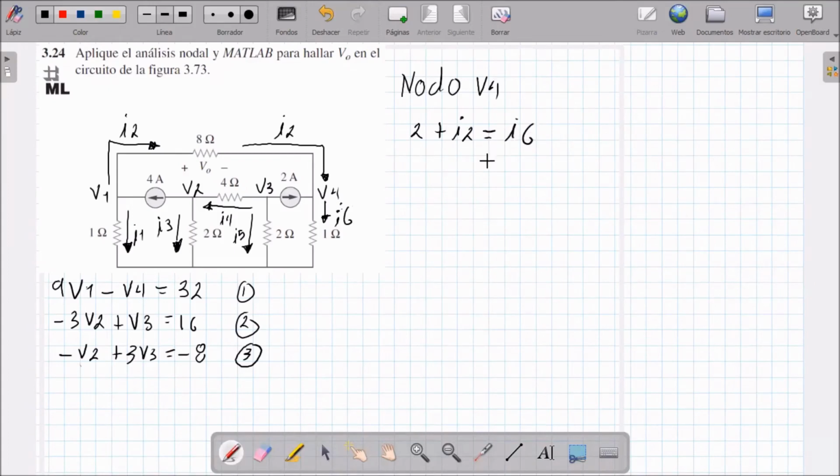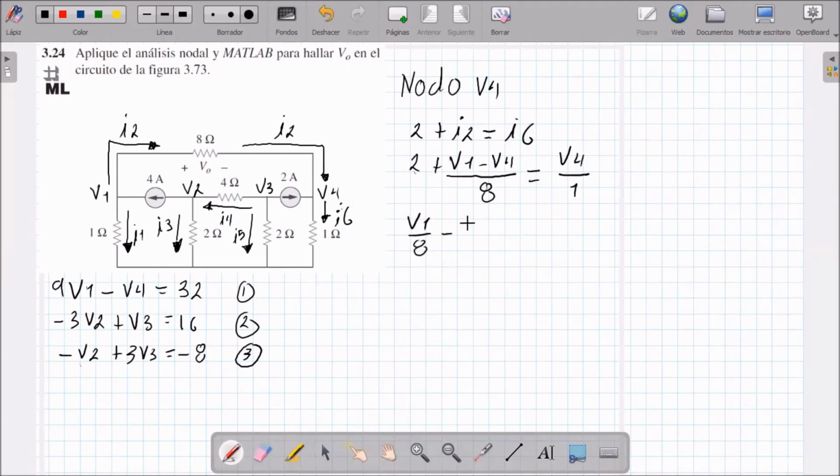Now, the I2 would be 2 plus the I2, which is B1 minus B4 over 8, equal to I6, which would be B4 over 1.